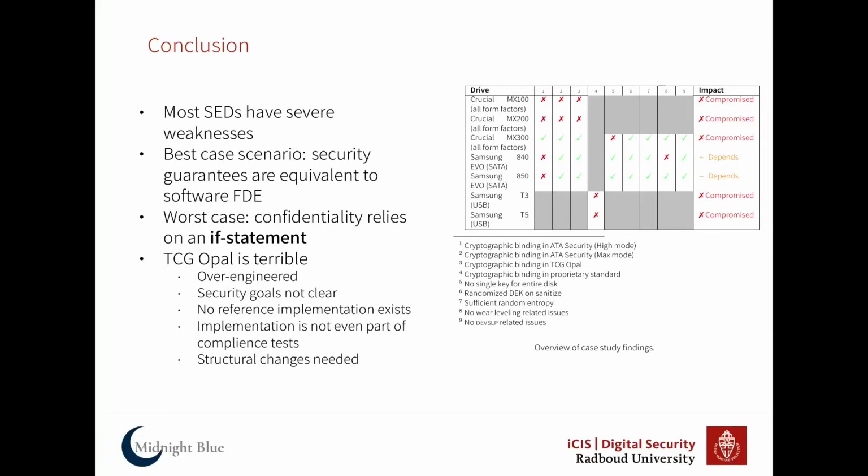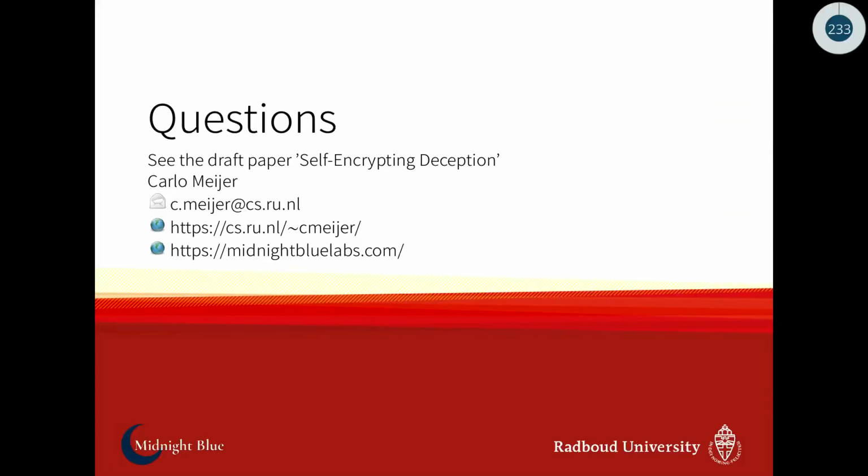They had all of these features that nobody uses. Security goals are not clear. Like what's the benefit? And there's no reference implementation of this thing. And implementation is not even part of its compliance test whatsoever. So yeah, there are structural changes needed. With that, if you have any questions, I'm happy to take them.